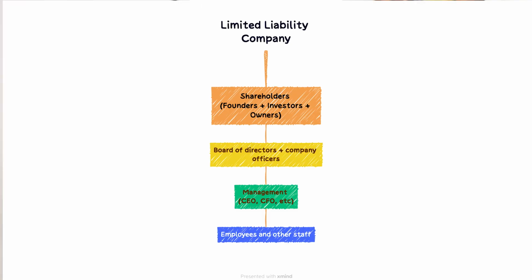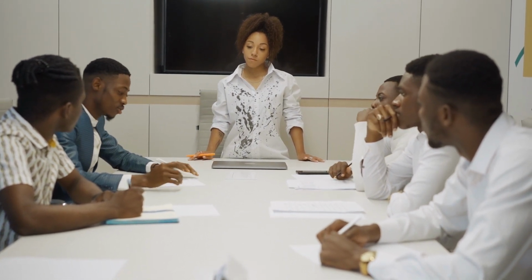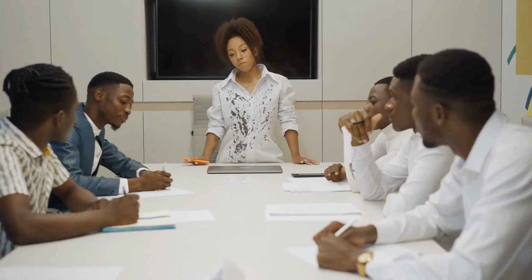If you are starting a company limited by shares, you would probably be a shareholder, a director, and also part of the management as the CEO or the managing director or whatever title you want to give yourself. The directors are responsible for making the strategic and financial decisions of the company, while the shareholders are typically responsible for their investment into the company.